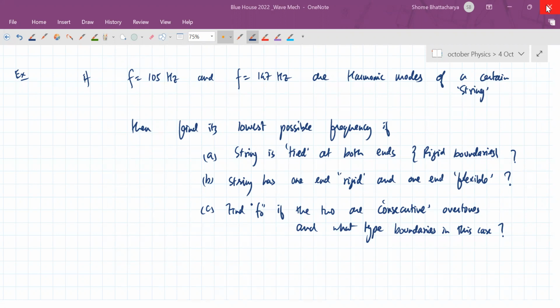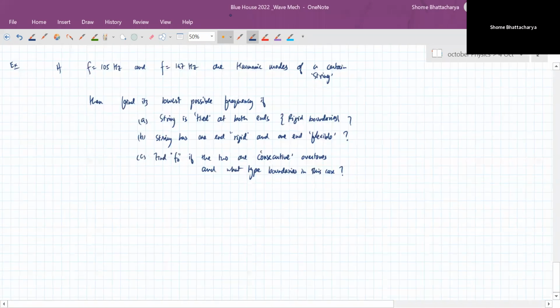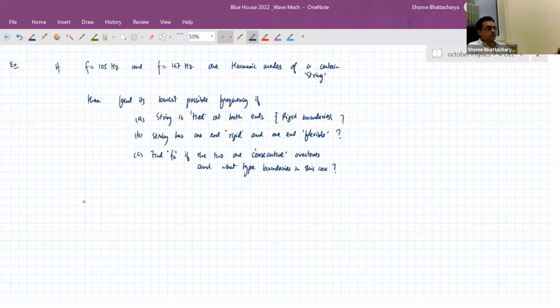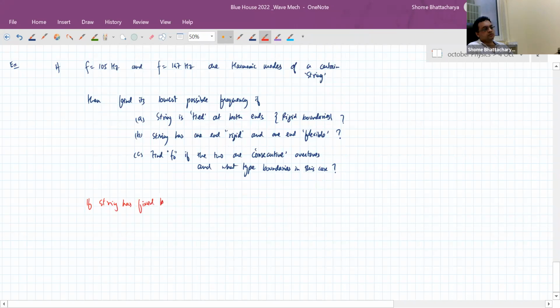So basically, I'll just give you the approach, what you can try in this question, people. See, if, for example, the string has fixed boundaries, then the formula is that, suppose this is a plus 1 into f naught.